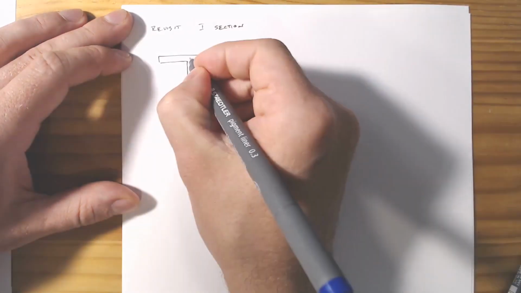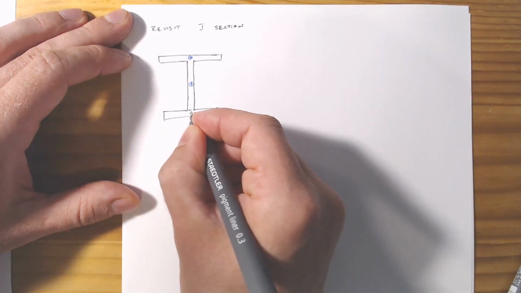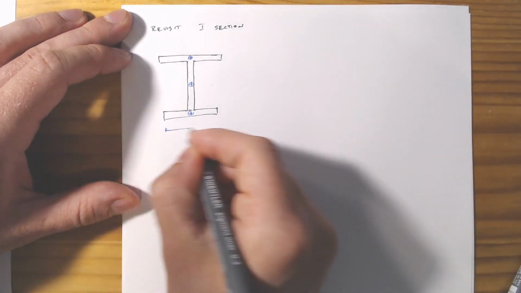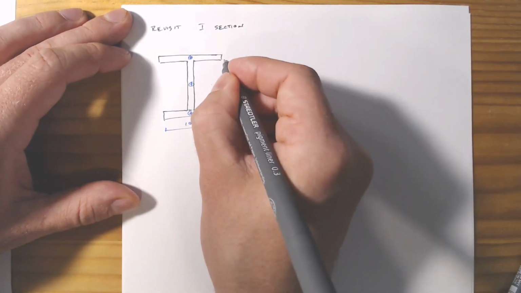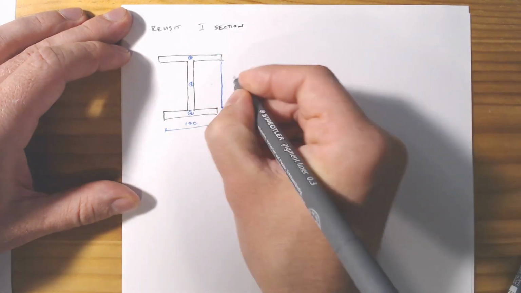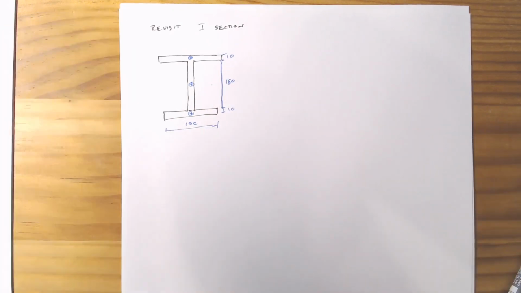Now, we know that we've got the centroid of each piece: 100, 10, 180, and 10.